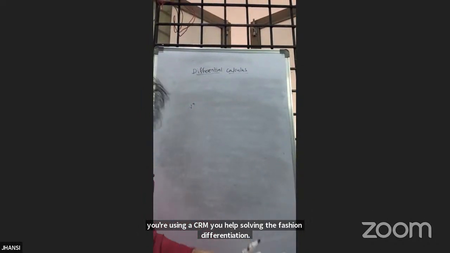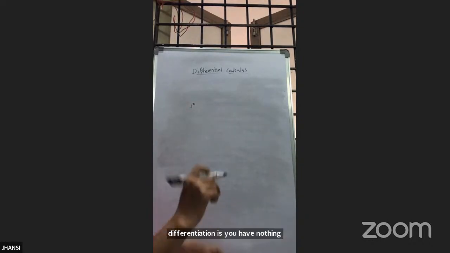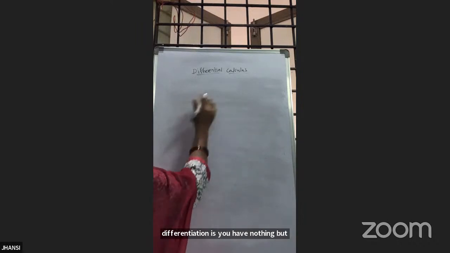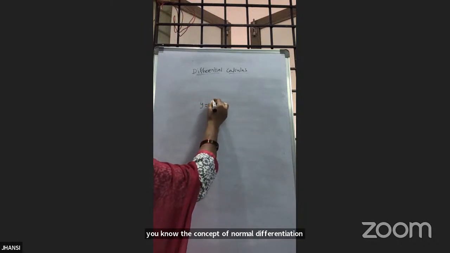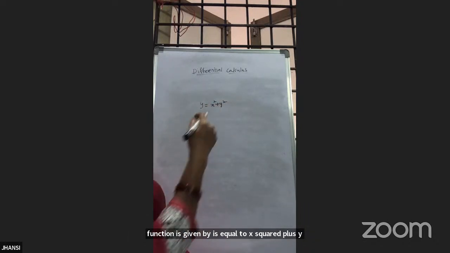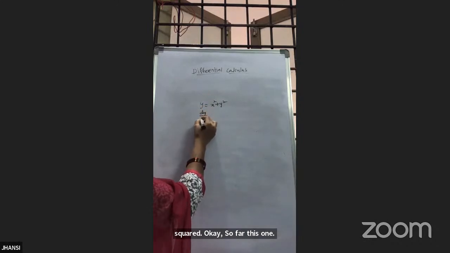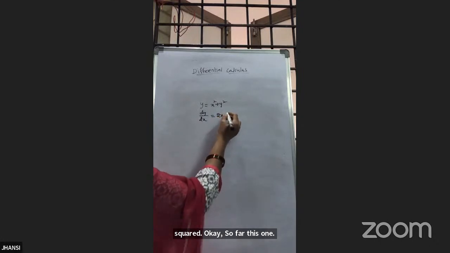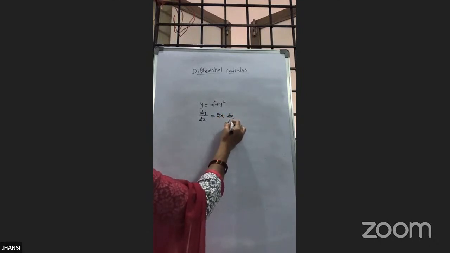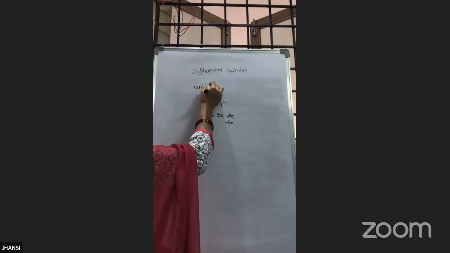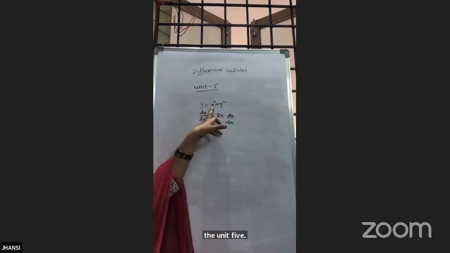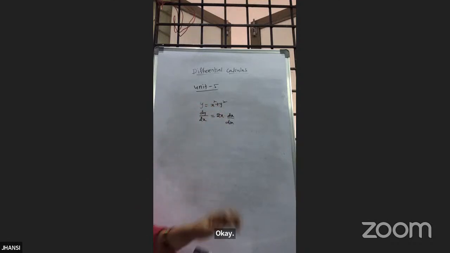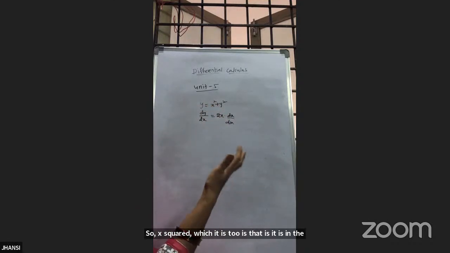Okay, so partial differentiation is nothing but, you know the concept of normal differentiation. If any function is given, y is equal to x square plus y square, for this one we'll find dy by dx like this. dy by dx is equal to, x square differentiation is 2x into dx by dx. Here we are talking about unit 5. So x square gives 2x, that is in the form of n x to the power of n minus 1.